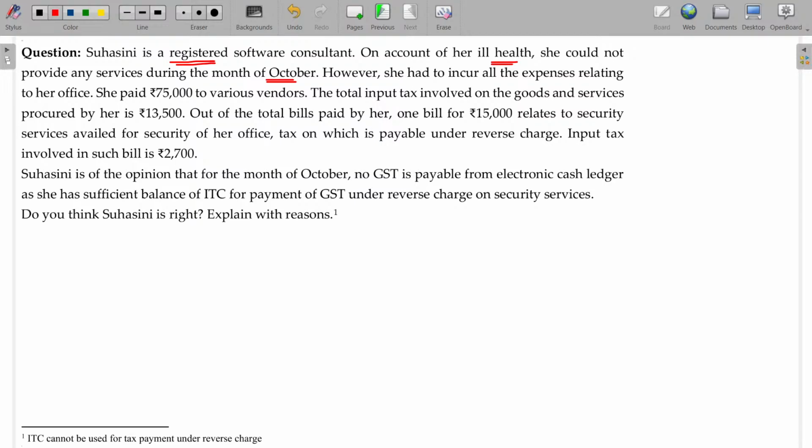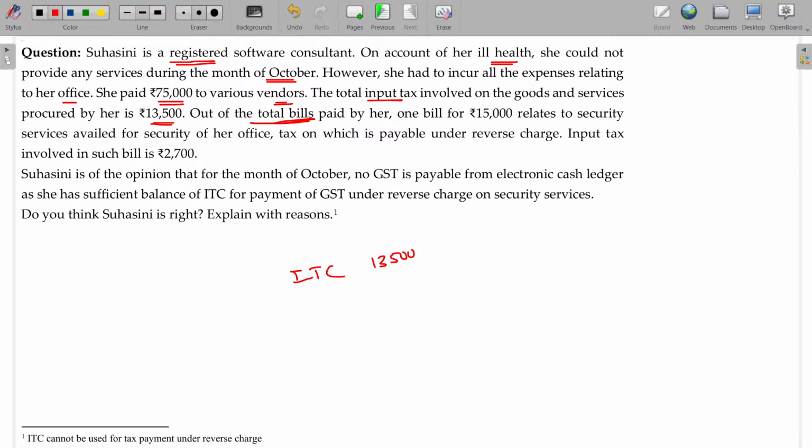However, she had to incur all the expenses relating to her office. She paid 75,000 towards various vendors. So she paid. She has not done any sales, but she has incurred the expenses. The total input tax involved on the goods and services procured by her being 13,500, so ITC of 13,500 is available in the electronic credit ledger.